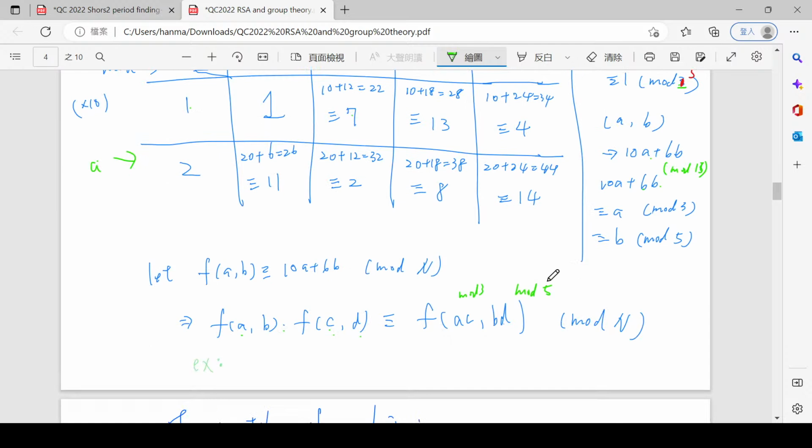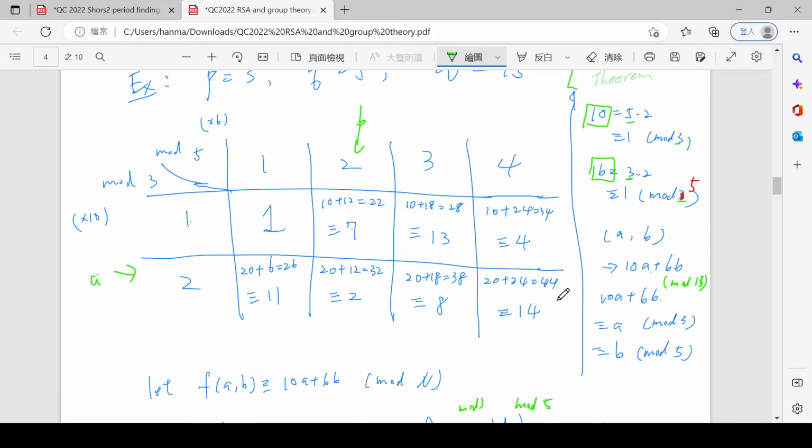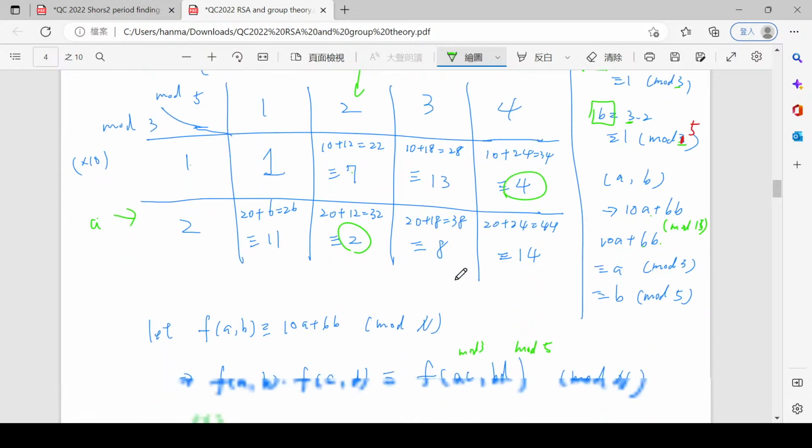And for example, let's see, how should I pick?